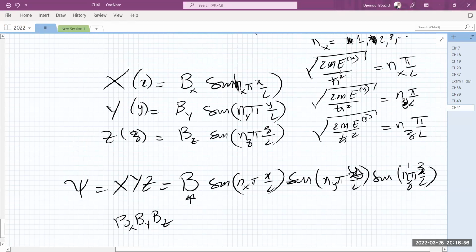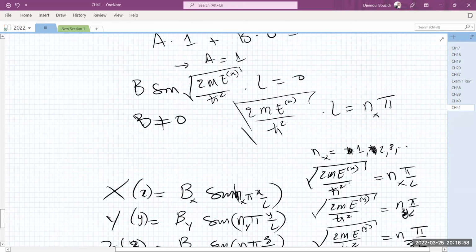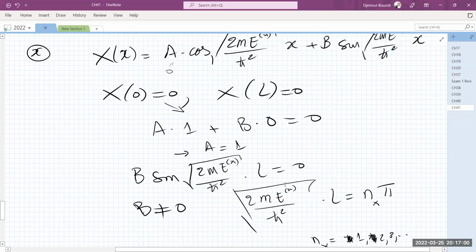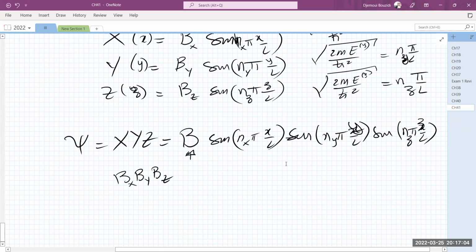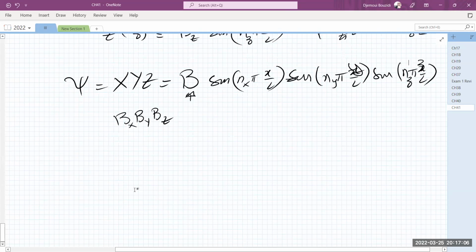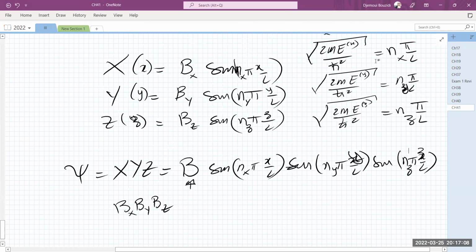Let me take these square roots and multiply them, because we need Ex, we need Ey, we need Ez, and we need to add them together, if you remember, to find the total energy. So we really need to find the total energy also. From the first equation, we can find Ex equal to nx squared pi squared over L squared, and in the numerator we will have h bar squared, divided by 2m.